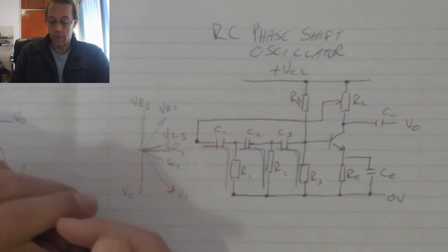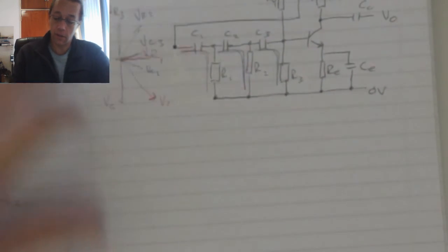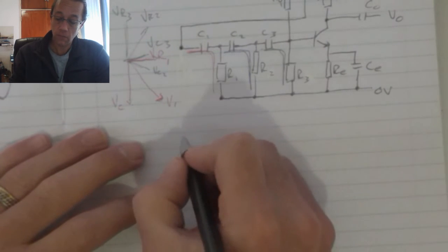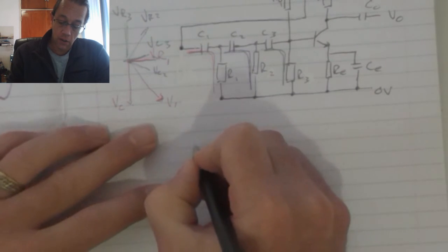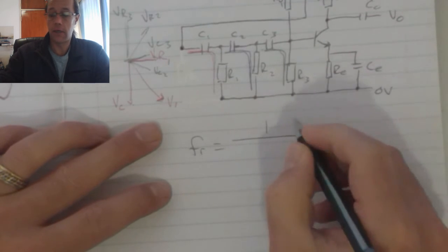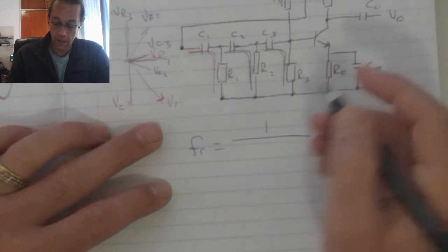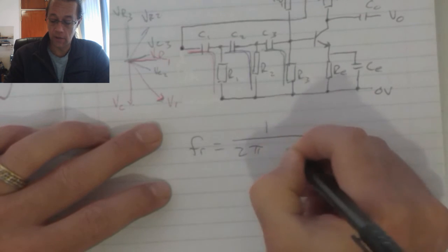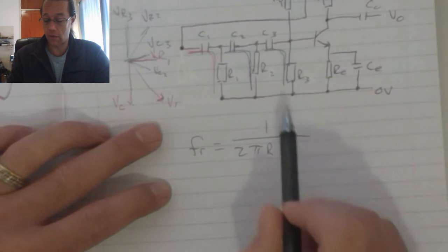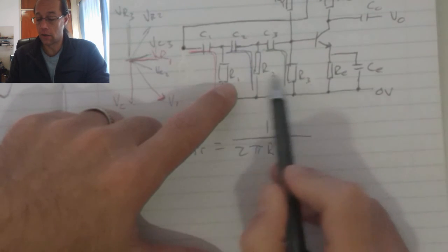To calculate the resonant frequency of this circuit, the formula that we obtain is resonant frequency equals 1 divided by 2 times pi times the value of R. When we're talking about R, it's the values of R1, 2 and 3.